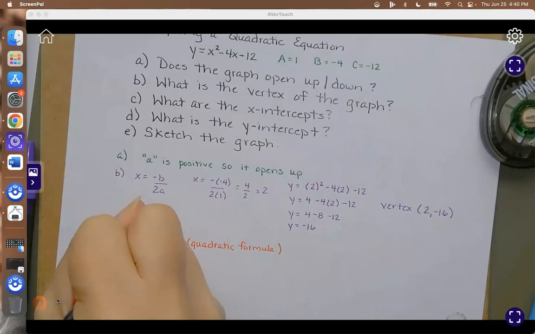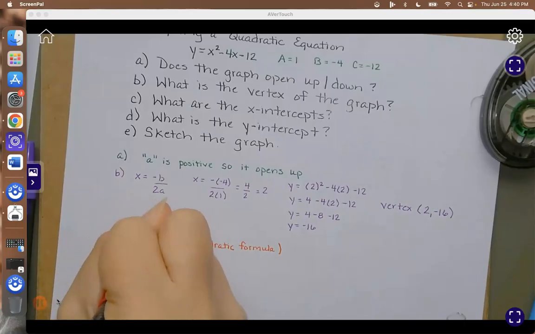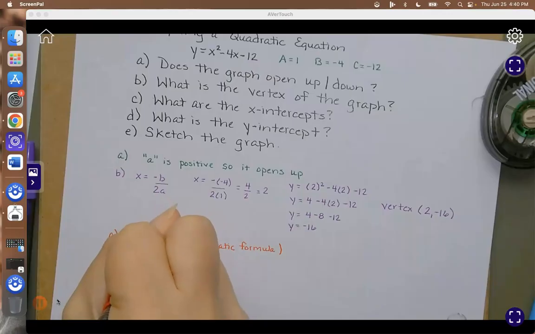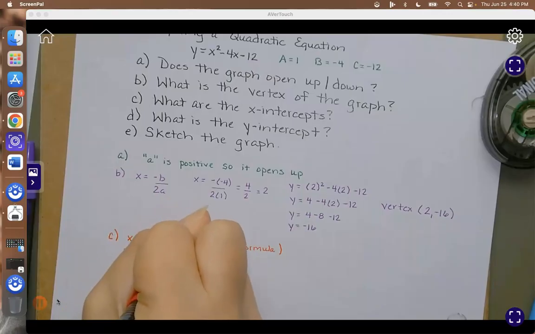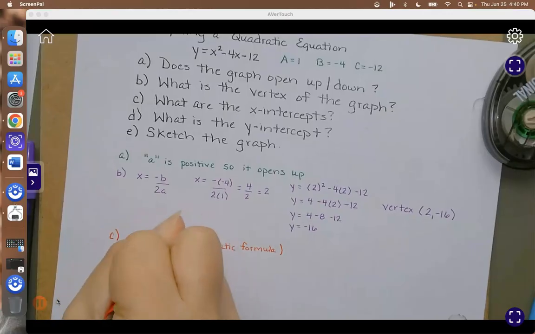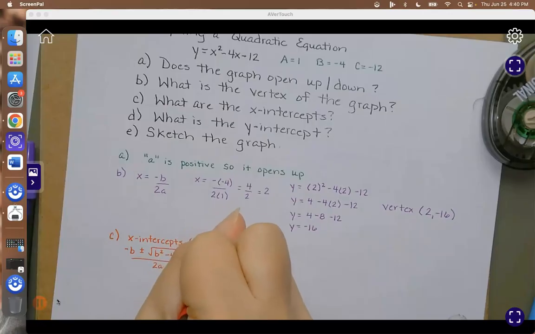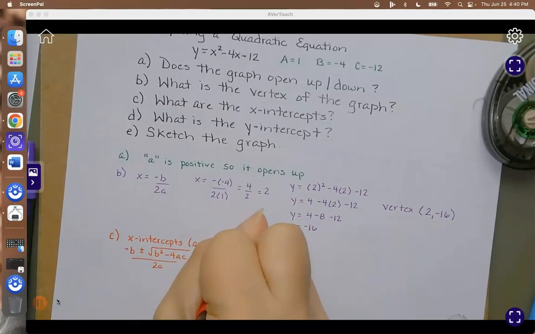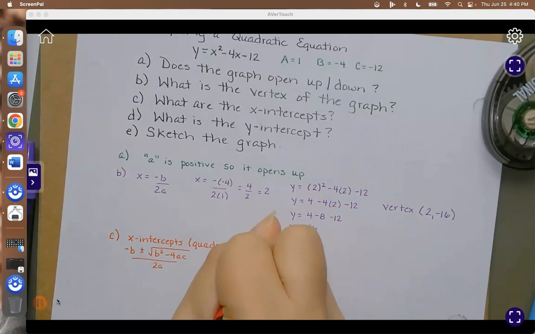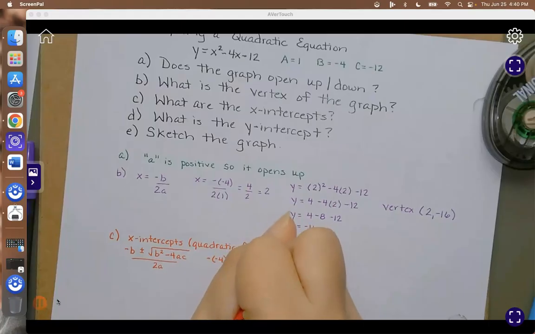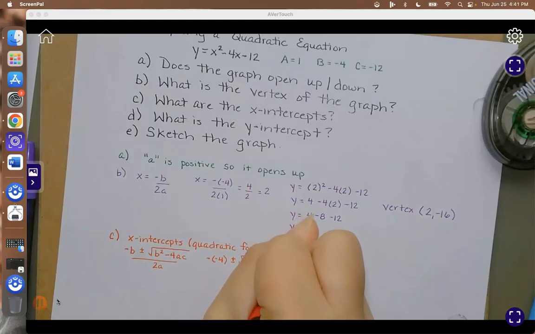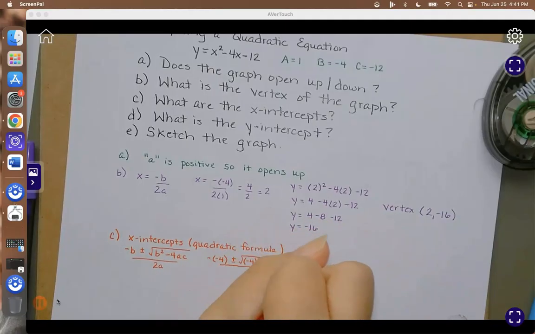So remember, our quadratic formula is the opposite of b plus or minus the square root of b squared minus 4ac over 2a. So this is going to be the opposite of -4 plus or minus the square root of -4 squared, then -4 times 1 times -12, all over 2 times 1.